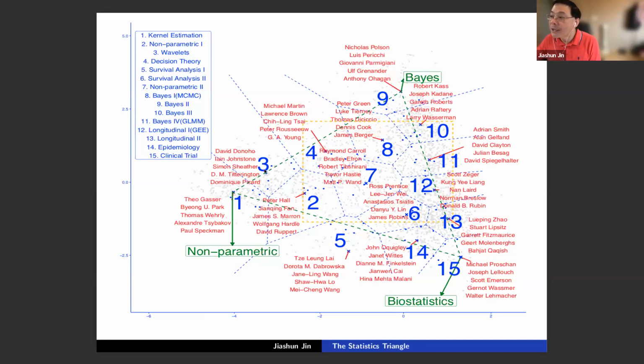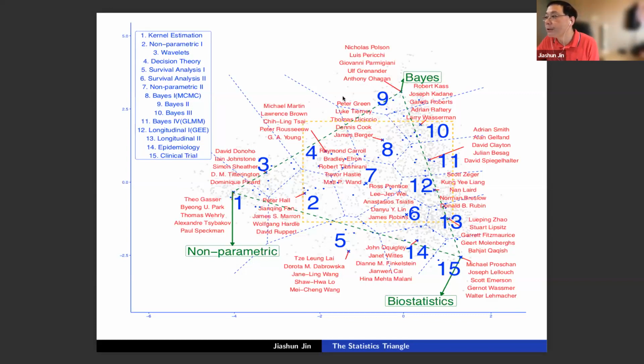And moving along, here are the wavelet sub-areas, for example Donoho and Johnstone. The wavelet research area is an interdisciplinary area of statistics, applied math, and electrical engineering, so because it is interdisciplinary, it sits on the side of the triangle. Moving down this way is decision theory, for example Larry Brown, with admissibility, minimax, and all this kind of notion.